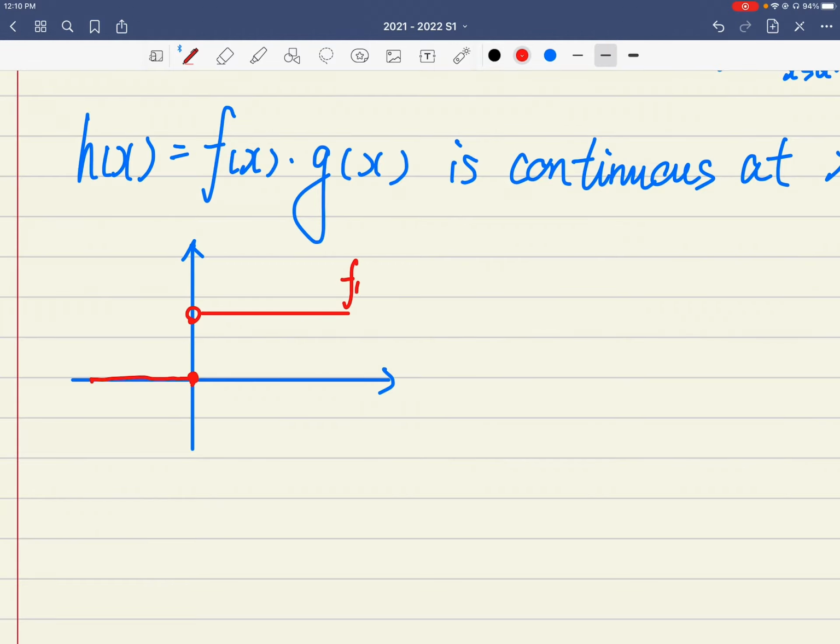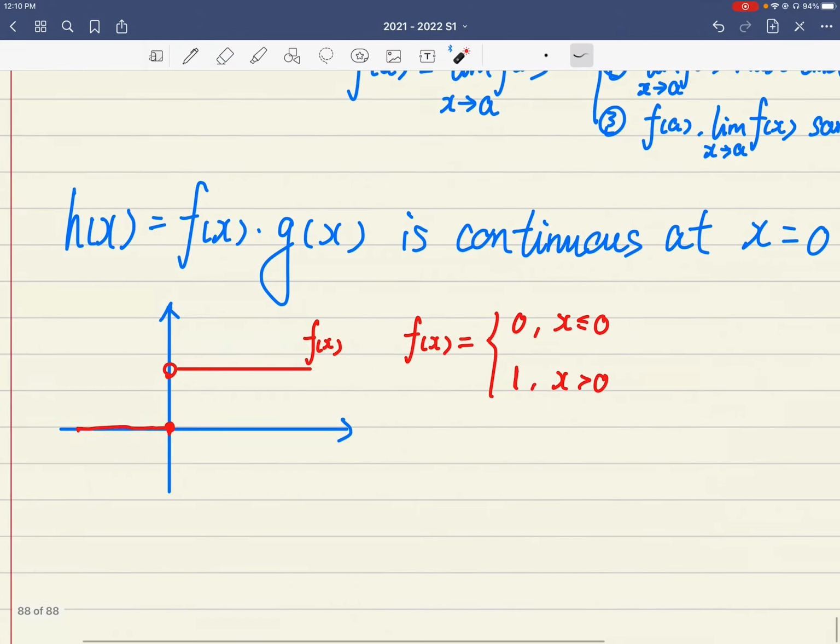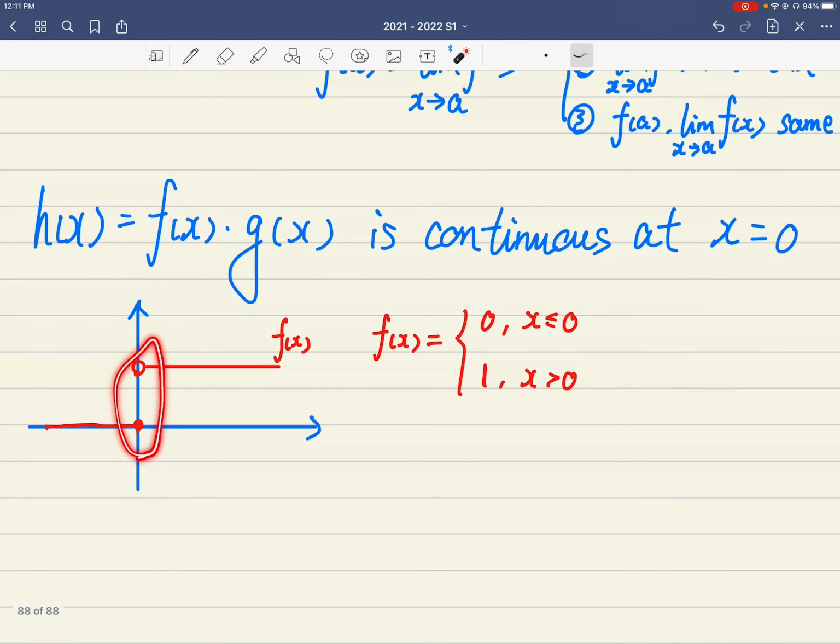Let's say this function is our f(x). So f(x) is 0 when x is non-positive, and f(x) is 1 when x is positive. It is a piecewise function.